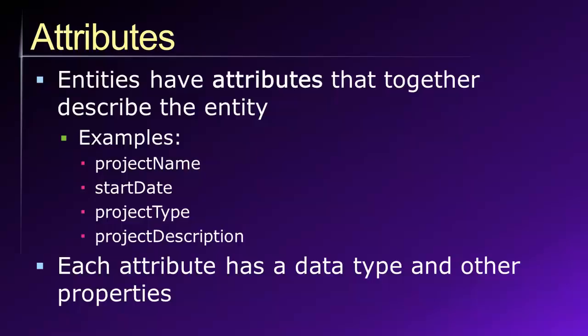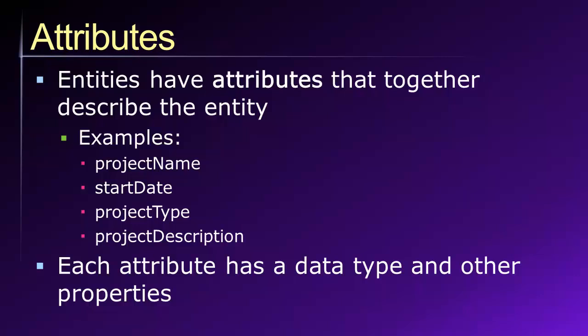Next, I would like to talk about attributes. An attribute is a specific piece of information that we would like to keep track of for each instance of an entity. If we're talking about an employee, we may have attributes that we want to track, such as the employee's name, or their age, or the date when they were hired, and so forth.